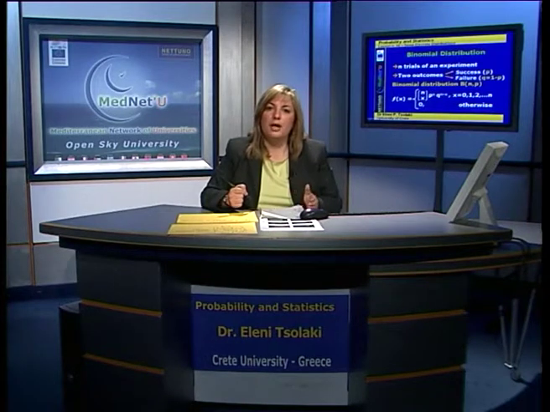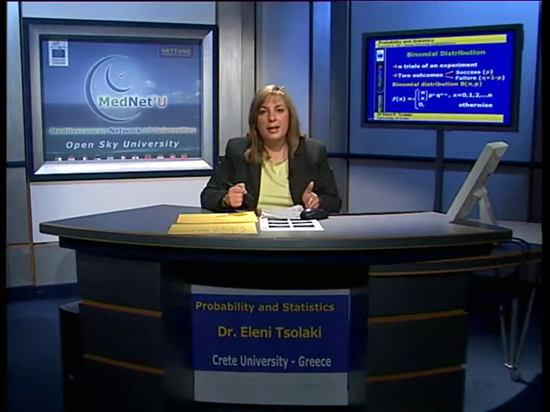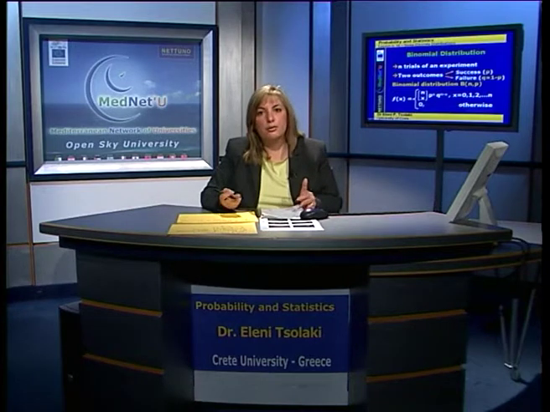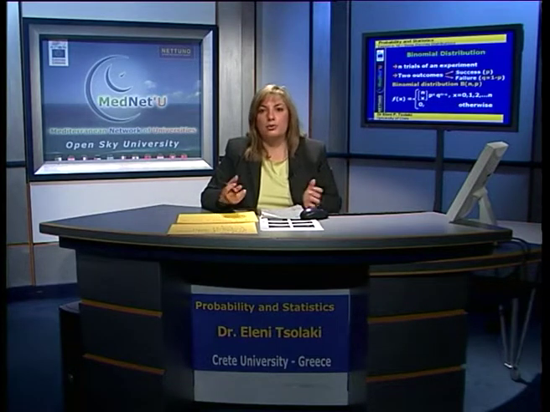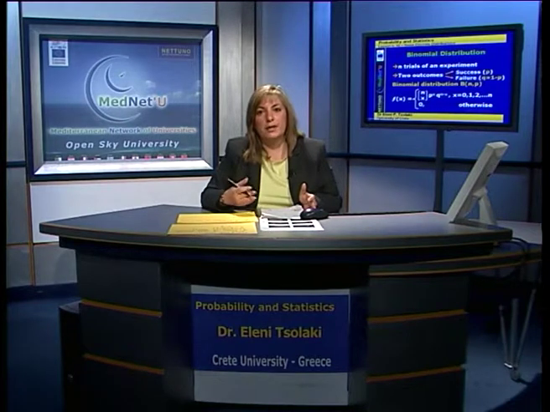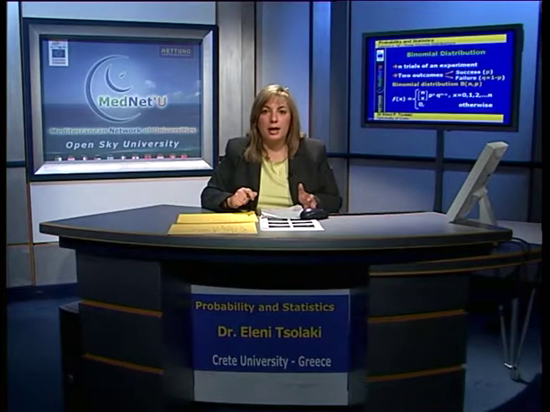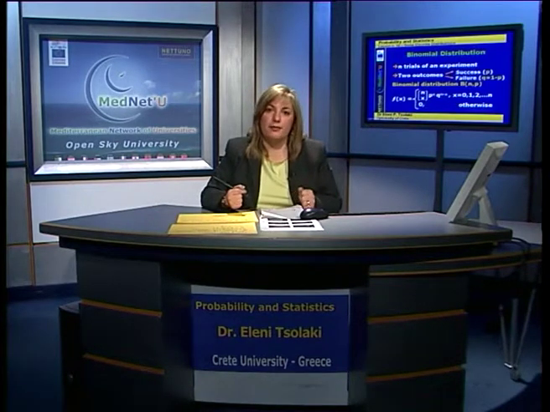So, if we have observed a black card before, the probability of observing a black card afterwards will be less than half. And if we have observed a red card before, it's been taken out of our deck, so the probability of observing a black on the second card will be more than half.